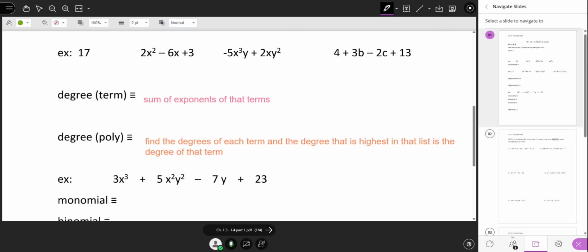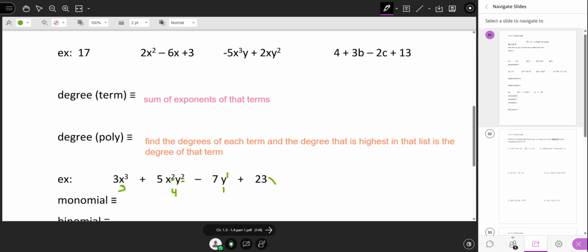So the degree of this one is 3, because there's only one. But this one has 2 and 2, so that adds up to 4. This one is 1, because remember, if it doesn't have an exponent, that exponent is 1.